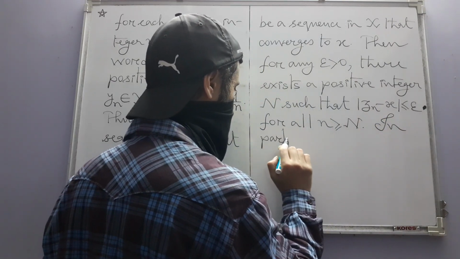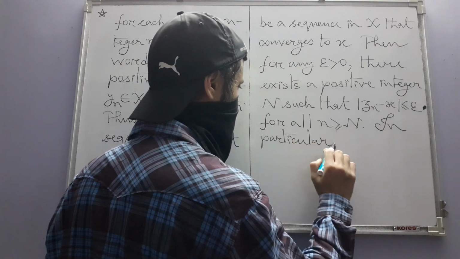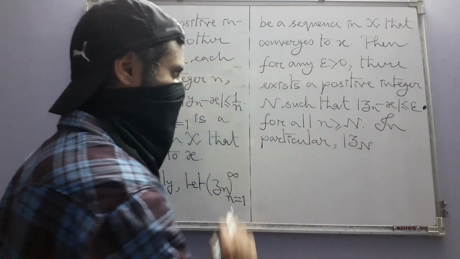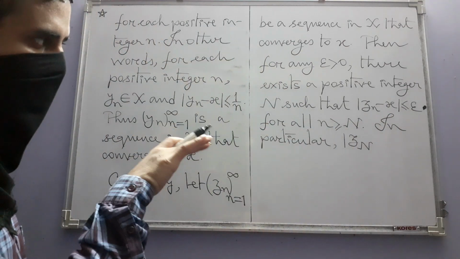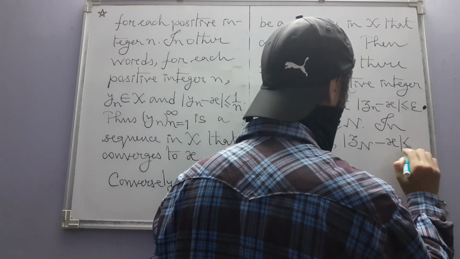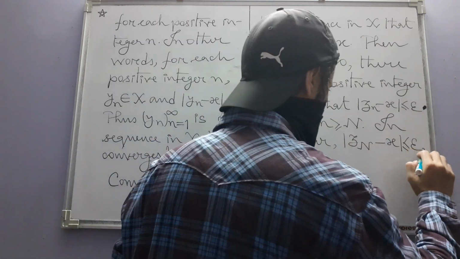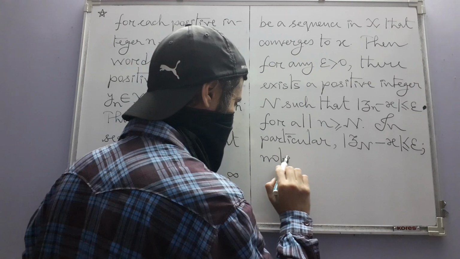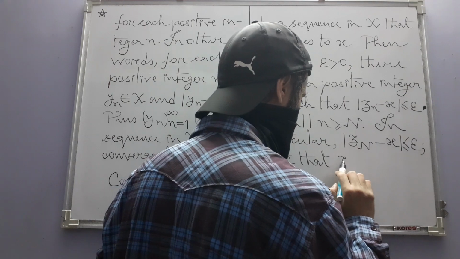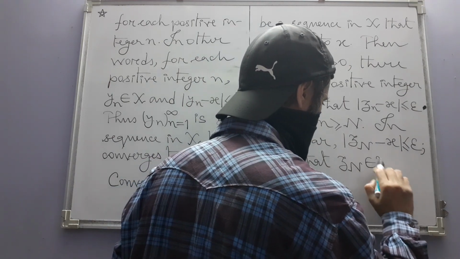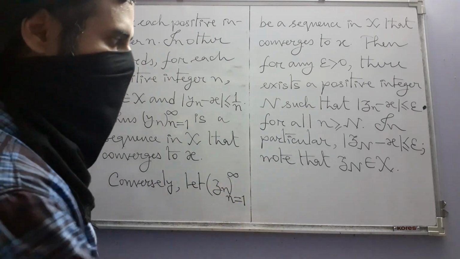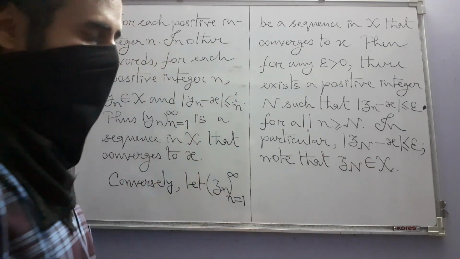In particular, the distance between Z capital N and x also does not exceed epsilon, because these inequalities are starting at capital N, right? So at that stage, when small n is capital N, it is also true. And additionally, alongside, note that this belongs to X. Obviously all the Zn belong to X, so in particular this also belongs to X. So what have we managed to show?